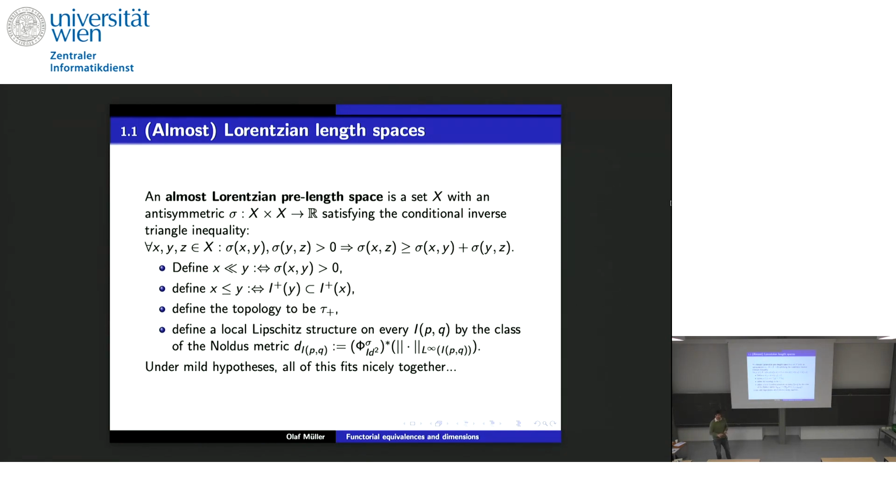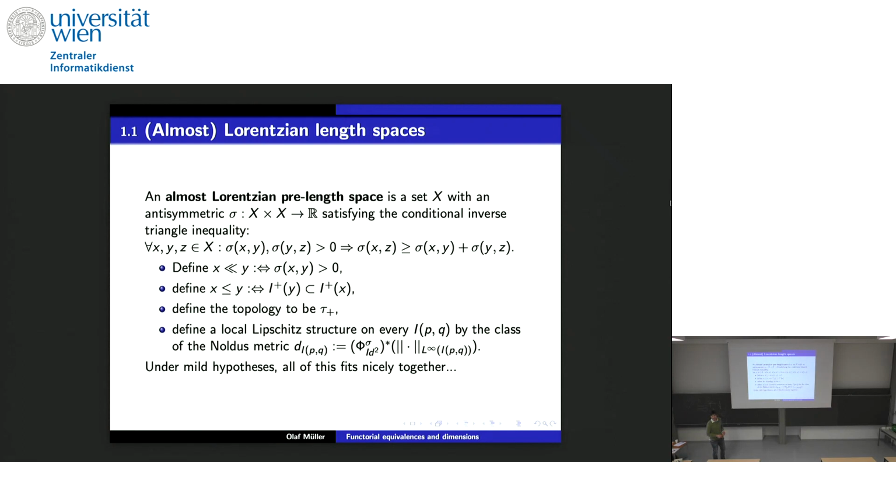So it suffices to have it locally, and it also suffices to have a Lipschitz class of metrics. If you see the definition of the Hausdorff volume and dimension, you see that the Lipschitz class is sufficient, up to a multiplicative constant. One easily sees that this is sufficient in the constructions.